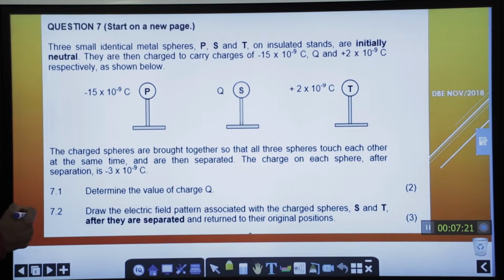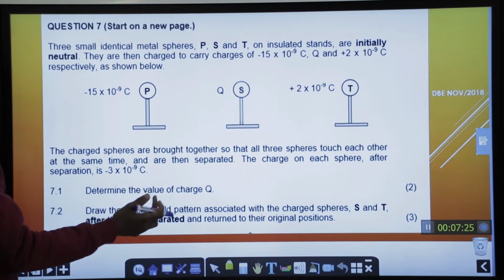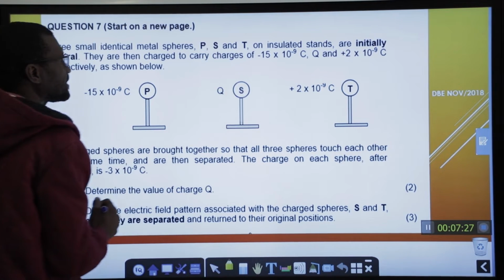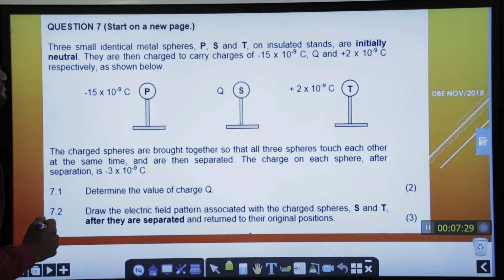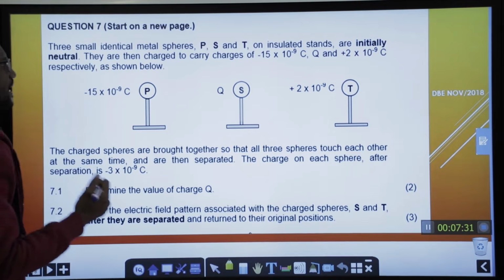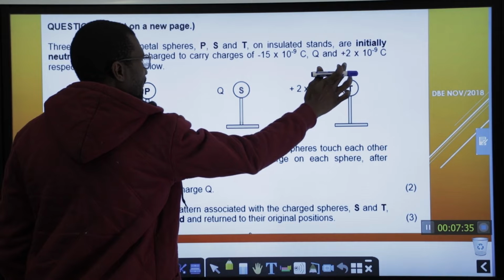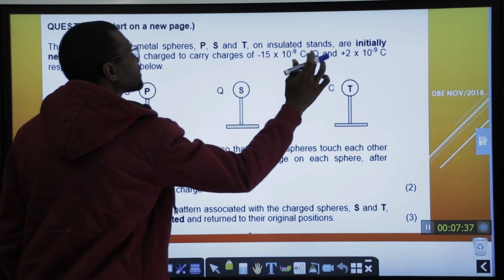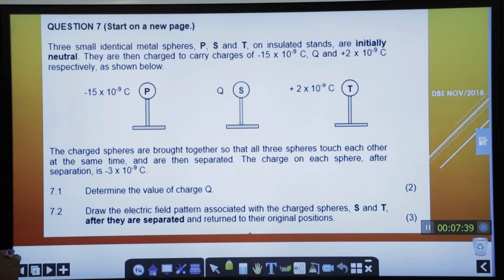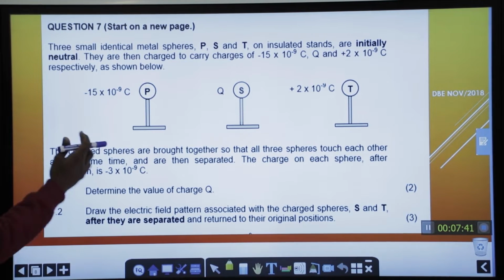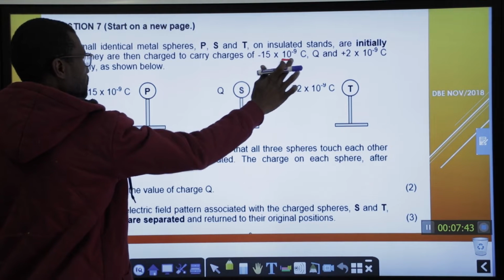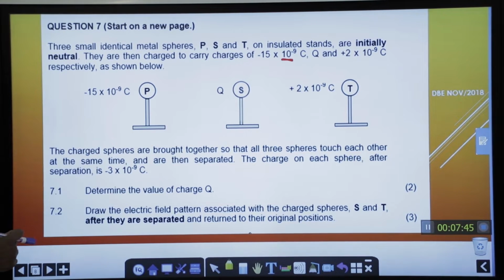They are then charged to carry charges of minus 15 times 10 to the power negative 9 coulombs, Q, and plus 2 times 10 to the power negative 9 coulombs. Not 19 but negative 9, sorry. Respectively, as shown in the diagram below.